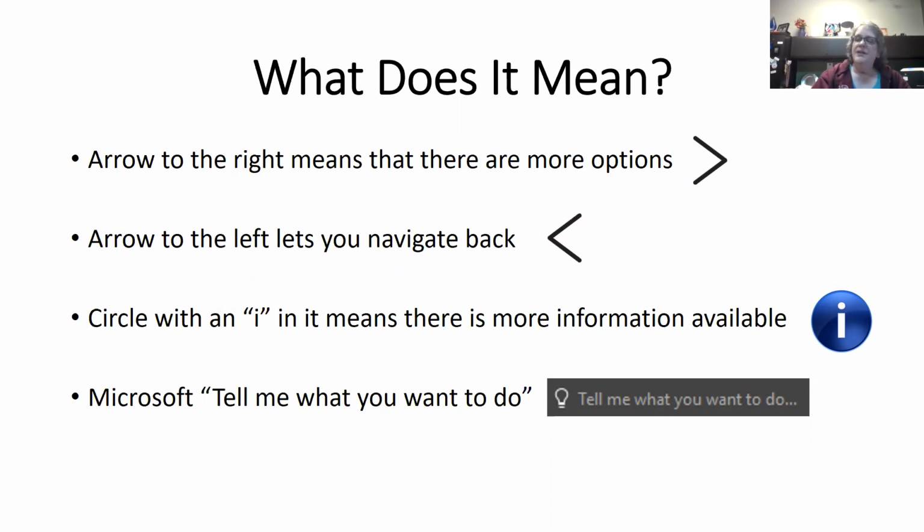Left arrows are typically used for navigation. They help you get back to where you had been before. Right arrows can be navigation, but they also often mean that there are more options. If you see a circle with an I in the middle or a circle with a question mark in the middle, it typically means there's more information available.